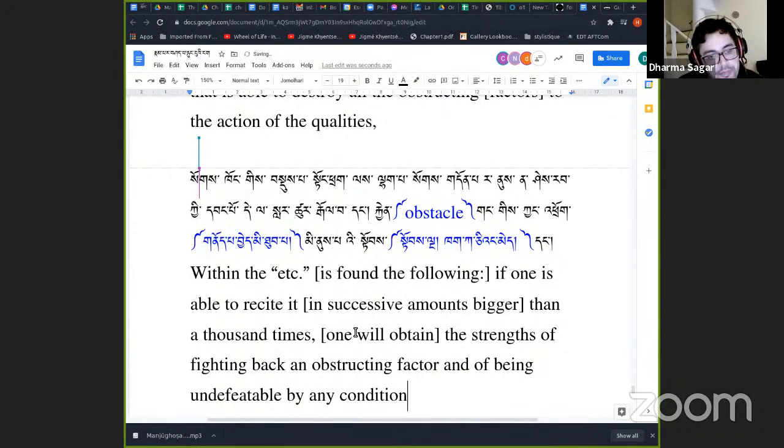Yeah. Then here I can put adverse condition because Campbell was saying that the term here means obstacle. So it is not any condition, but a condition that we don't want. Okay. So, yes.